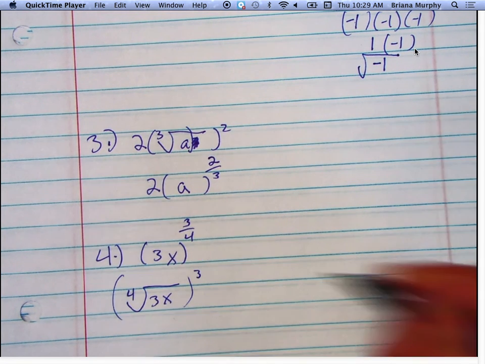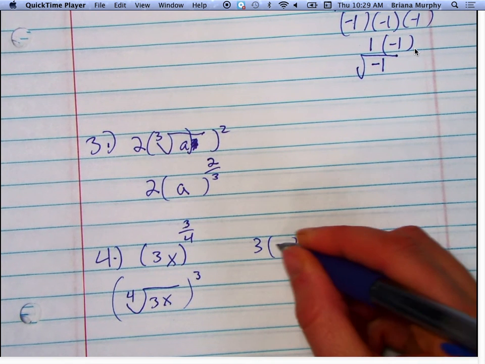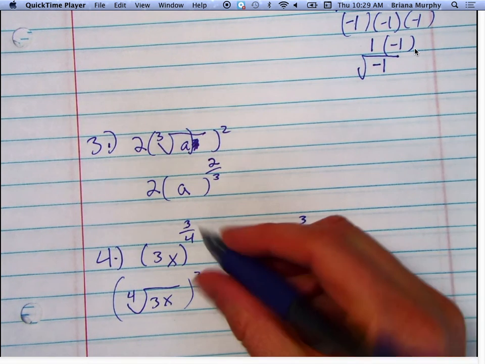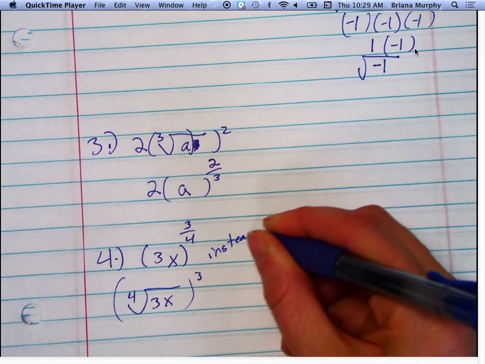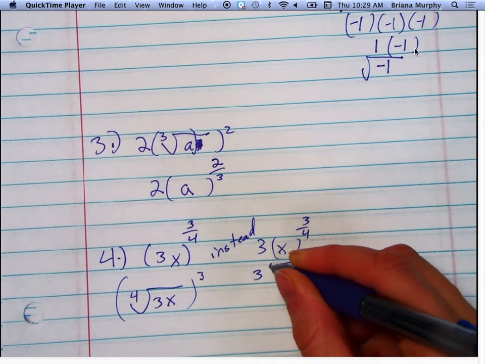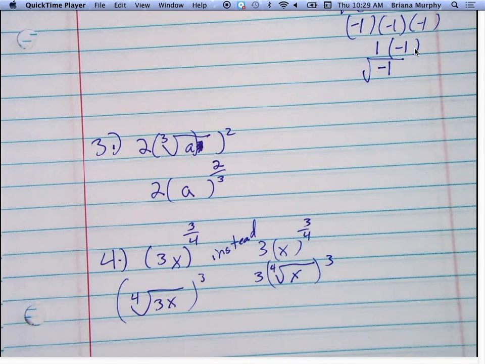There we go. Do we get that that is different than, what would that be instead? That'd be 3 times the 4th root of x to the 3rd, not 3x. 3 times the 4th root of x to the 3rd. Yeah.